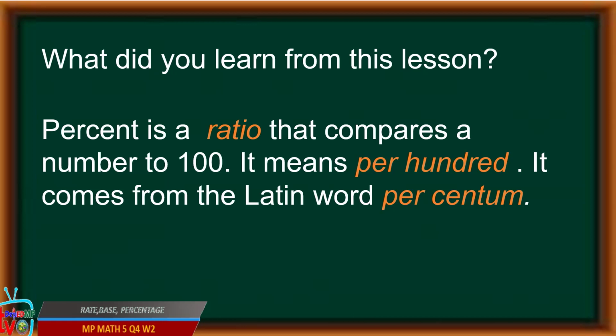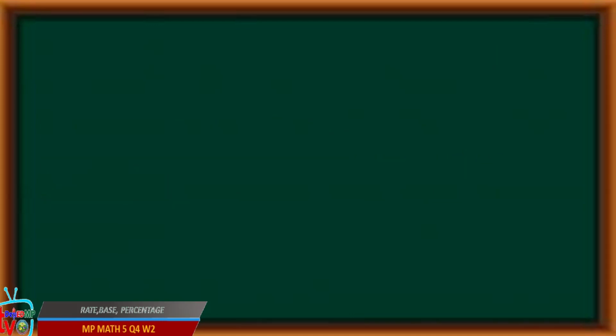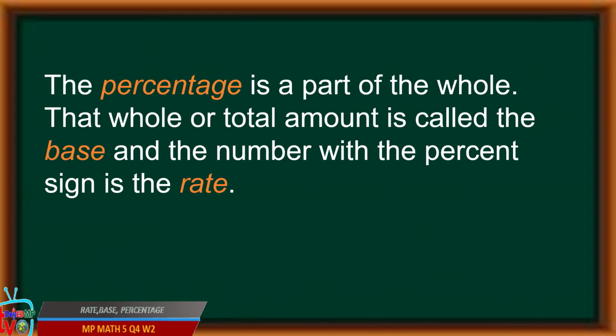It means per hundred. It comes from the Latin word percentum. The percentage is a part of the whole. That whole or total amount is called the base, and the number with the percent sign is the rate.